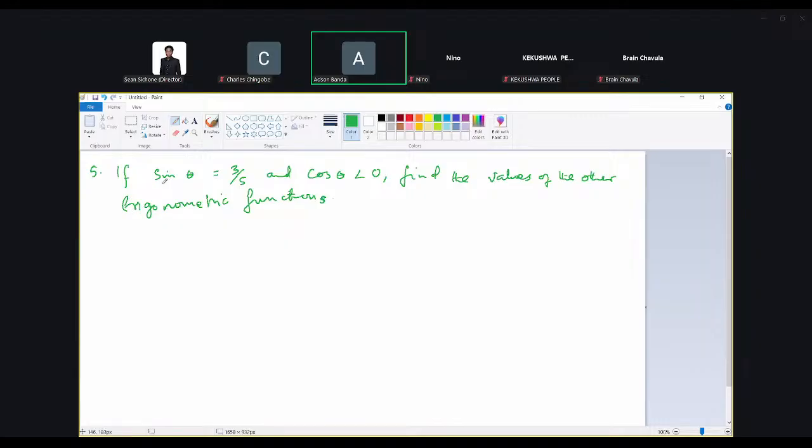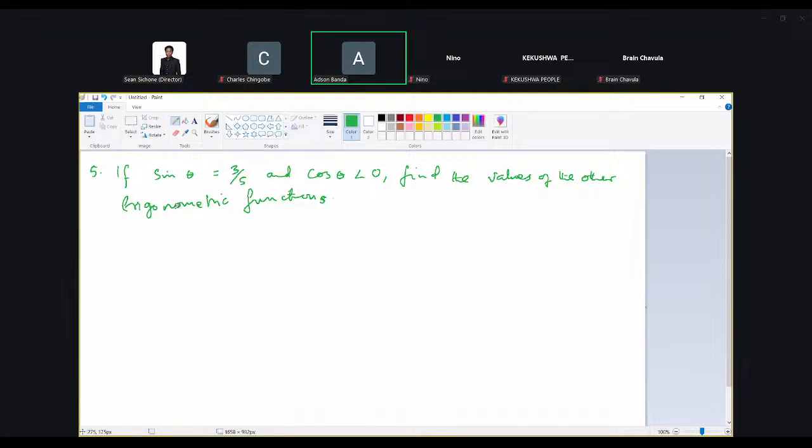So we have the sine, we need to find the cosine of theta, we need to find the tangent of theta, and then we can get the other, the cosecant, the secant, and the cot. But I'll just focus on the 3, the sine, the cosine, and the tangent.